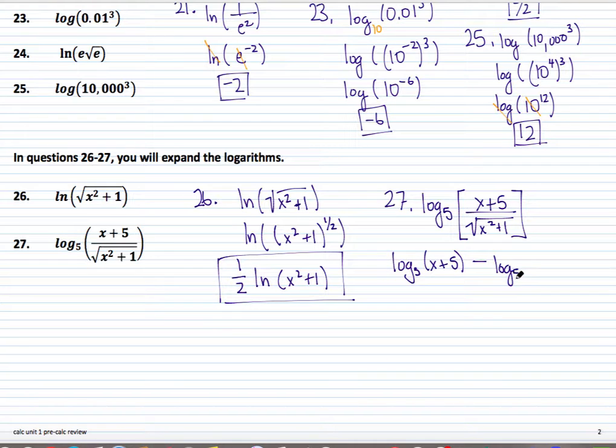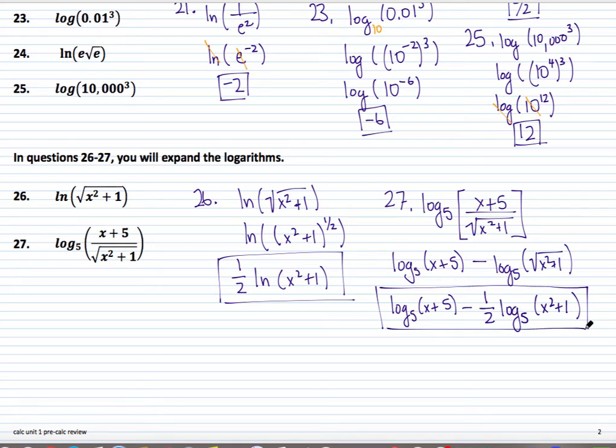So still with an argument of a log base 5 of square root of x squared plus 1. I'm going to do the exact same simplification I did in 26 and rewrite this once more as log base 5 of x plus 5 minus, taking this square root, making it a 1/2 power, and pulling it out front, minus 1/2 log base 5 of x squared plus 1. And I'm just going to leave it like this. I really don't need to simplify it any further.